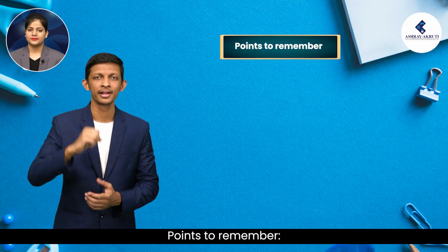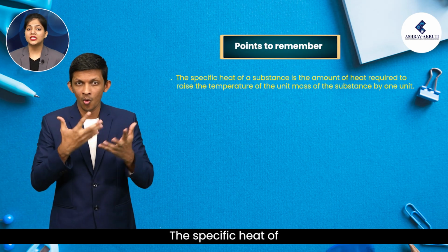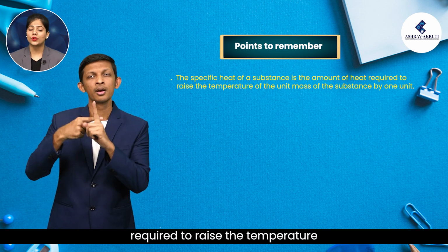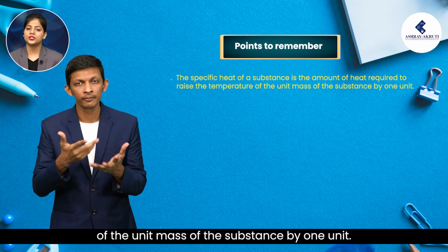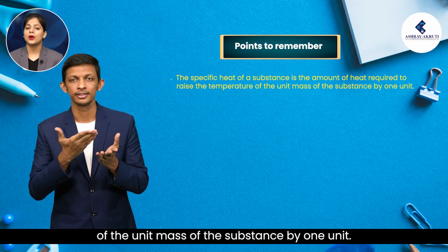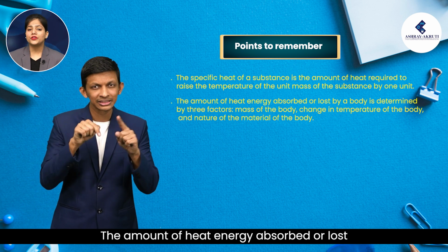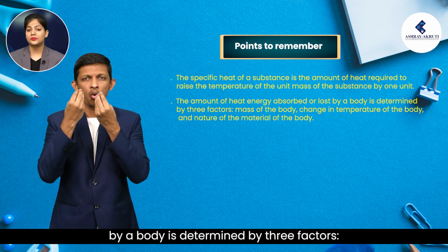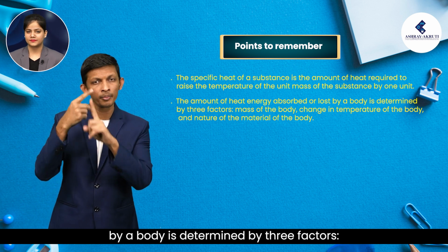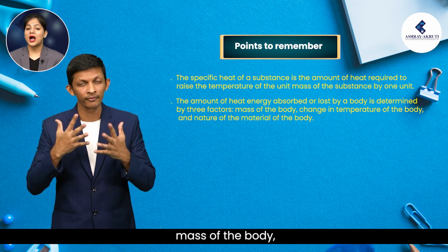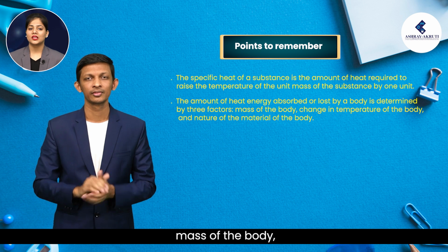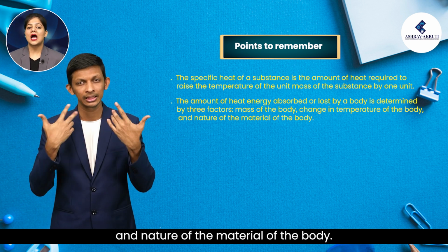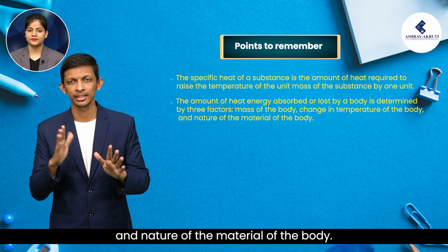Points to remember. The specific heat of a substance is the amount of heat required to raise the temperature of the unit mass of the substance by 1 unit. The amount of heat energy absorbed or lost by a body is determined by 3 factors: mass of the body, change in temperature of the body, and nature of the material of the body.